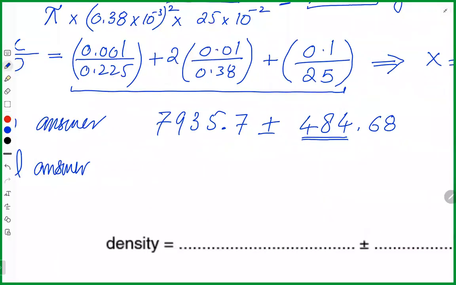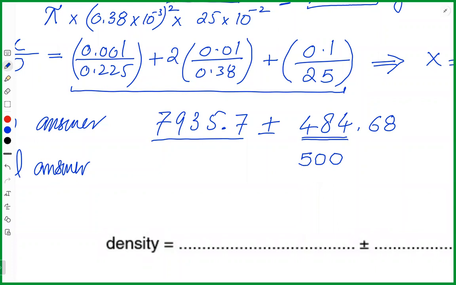Now, look, 484, is it close to 400 or 500? 500. So that means in one significant figure, it will be 500. Now, the only significant figure we have, its decimal position is hundreds. So that means it allows us to round off this quantity to hundreds. So which number is at the hundreds position?